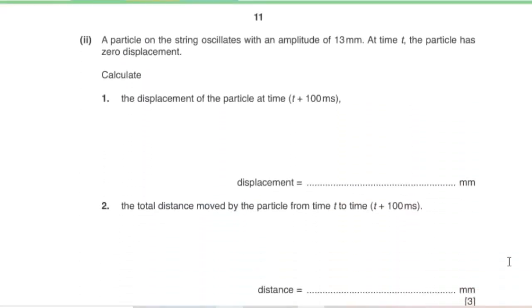Part 2, a particle on the string oscillates with an amplitude of 13 millimeters. At time t, the particle has 0 displacement. Calculate the displacement of the particle at time t plus 100 milliseconds. So let's suppose I've got this waveform.